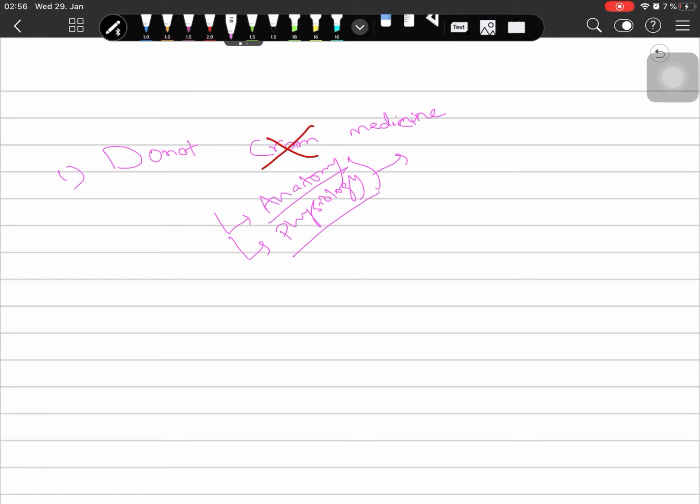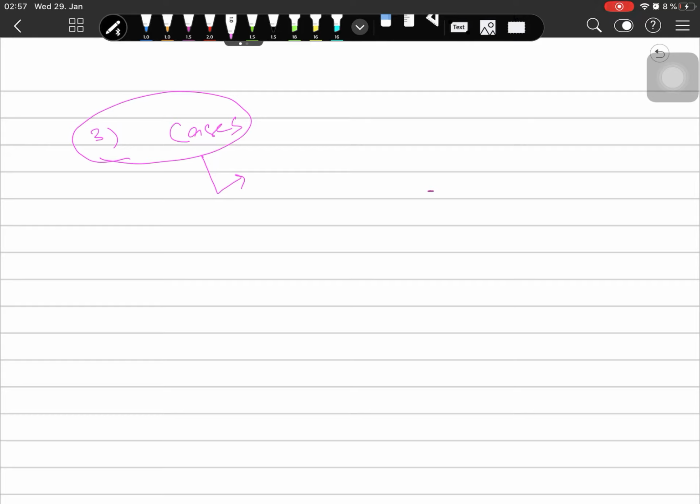The third point is cases. So what do I mean by this? Read, explore one or two cases each day that have been completed, that have been discharged. Read their files if you can, if they are available in your hospital, or if you have access to that.